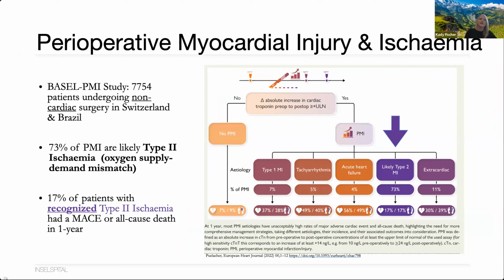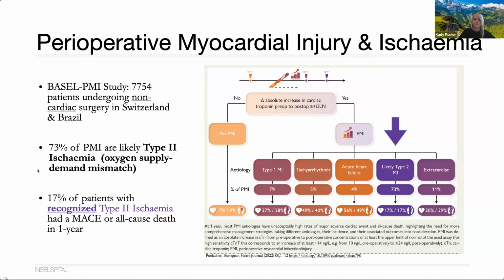And so perioperative myocardial injury and ischemia is a big topic in anesthesia. Actually, I know Hamilton and the Institut de Cardiologie de Montréal are some pretty big players in this. For example, a study here from Basel had over 7,000 patients with heart disease who ended up having a rise in troponins during or after the surgery.